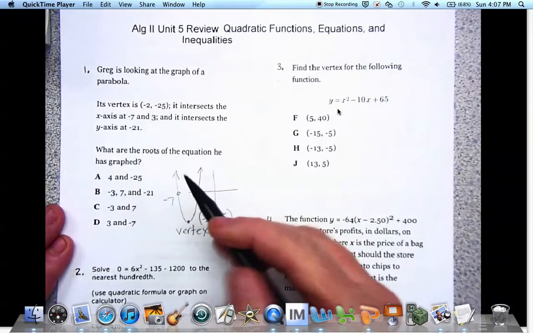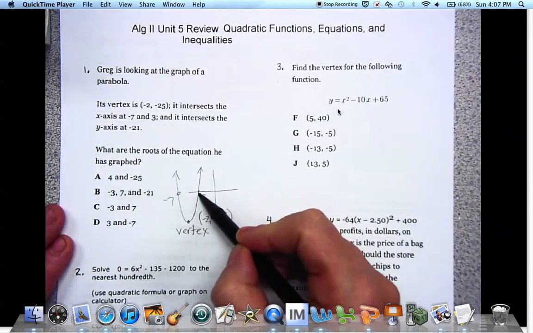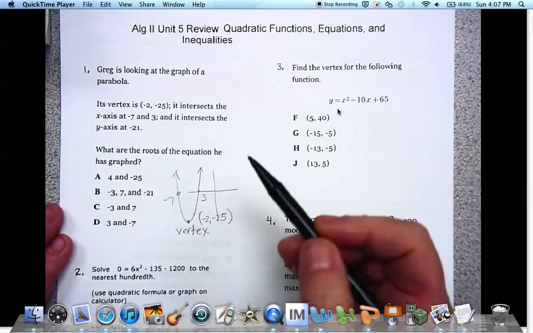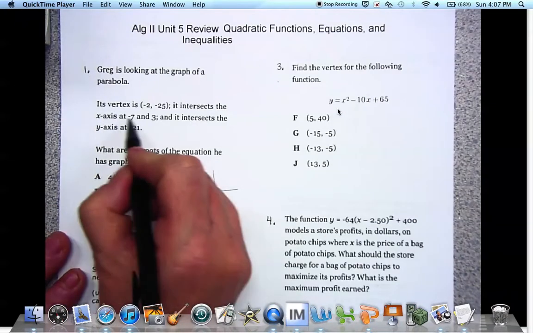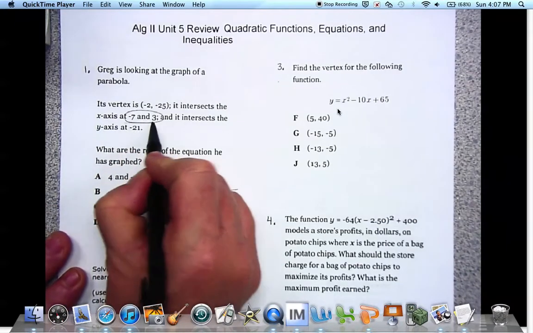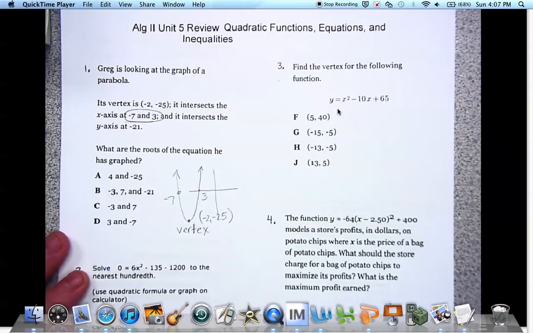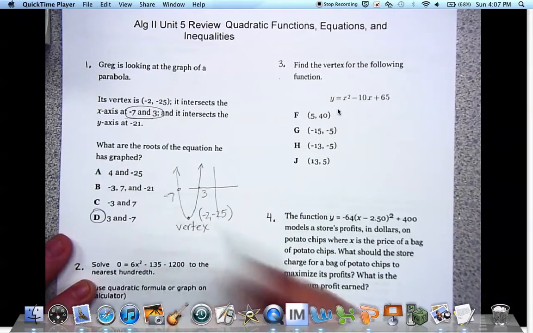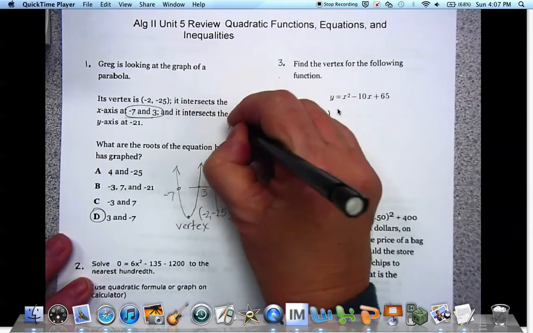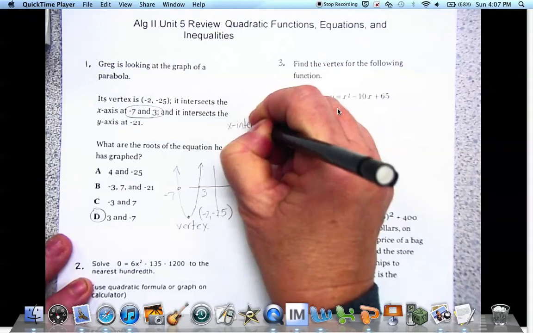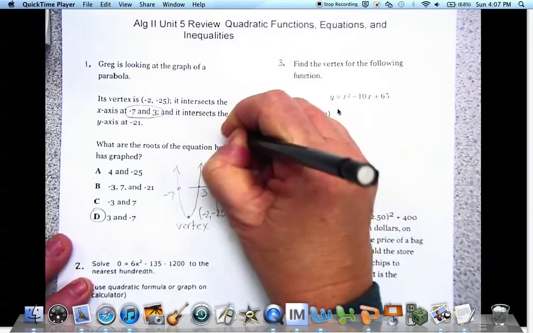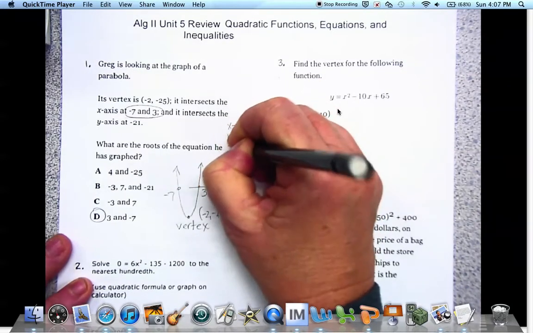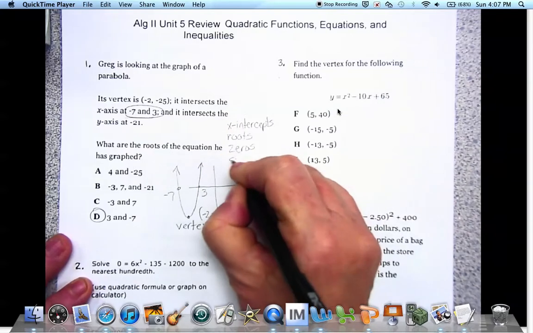It intersects the x-axis at -7 and 3 and the y-axis at -21. These are your roots. So our roots are -7 and 3. The x-intercepts are the same thing as roots, which are the same thing as zeros, which are the same thing as solutions.